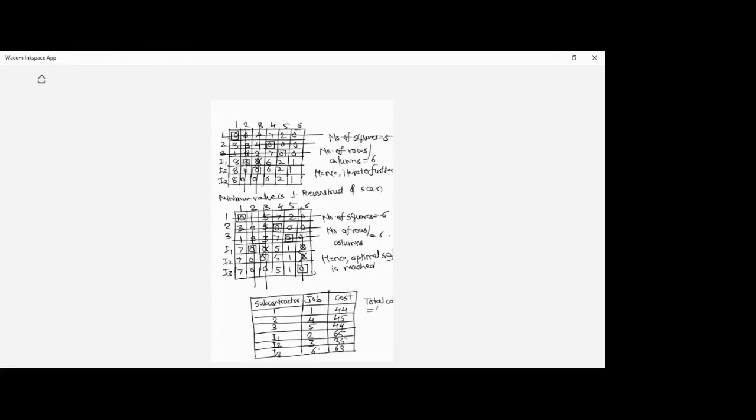So it will be 44 plus 45 plus 44 plus 65 plus 35 plus 63. If we do the addition of all this, it will be 296 lakhs. The total cost that will be required will be how many? It will be 296 lakhs.